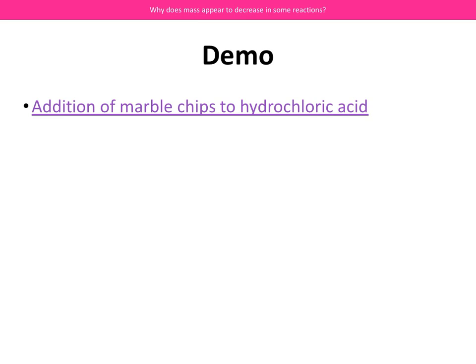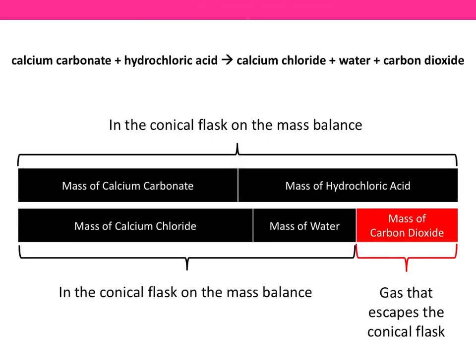One of the things that we would see is that the mass would appear to decrease. So it would seem that the conservation of mass wasn't being obeyed. We have to understand that, we have to explain it. The reason for this apparent contradiction is about what it is that we are actually measuring.